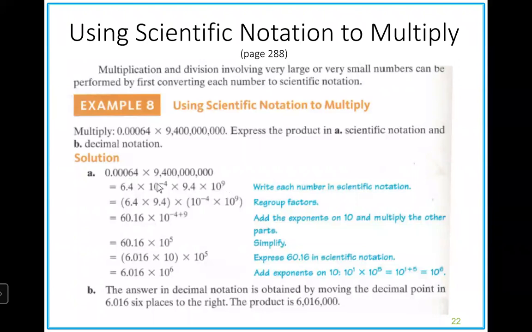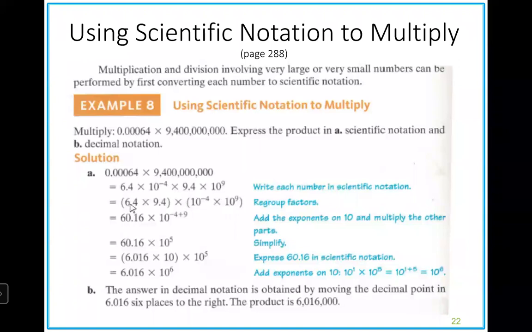Once you have the two numbers expressed in scientific notation, you can reorder the numbers so that the powers are together, and the values between 1 and 10 are together. So 6.4 times 9.4, and 10 to the negative 4 times 10 to the 9th.